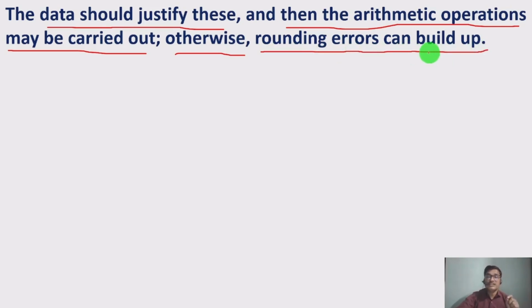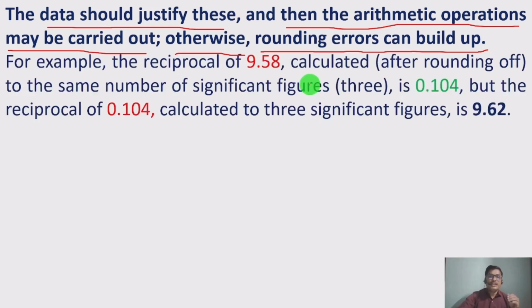How can that rounding error build up if you do not keep one more significant figure than in the least precise value? We take one example. For example, the reciprocal of 9.58, calculated after rounding off to the same number of significant figures, that is 3, is 0.104. Here three significant figures are there.